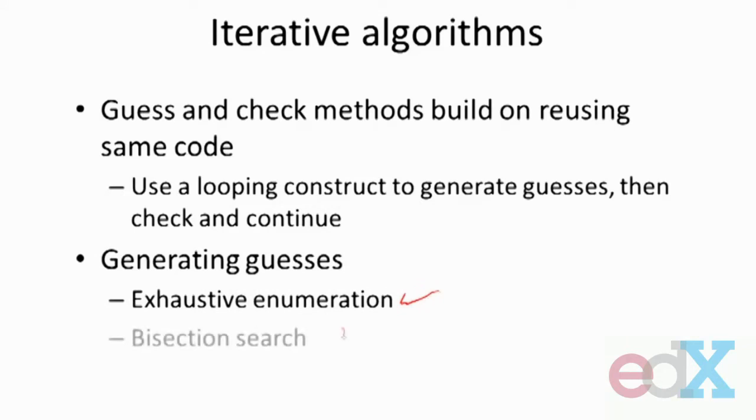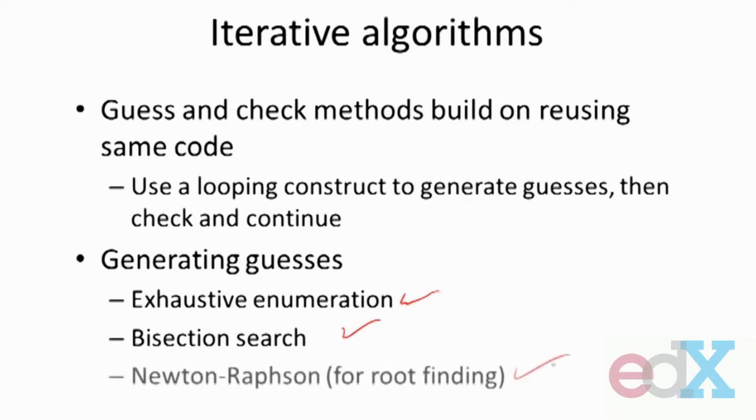We could cut down on the search in a clever way by simply using bisection, bisecting the range of places where we're looking for guesses until we get to something close enough. Or for the root finding case, which turns out to be a very general case, we can be really efficient by taking advantage of a mathematical property to very quickly cut down on where the solution lies. Those are examples of iterative algorithms, and they're examples in particular of guess and check methods that turn out to be really powerful, and we're going to give you a chance to explore those as we move through the course.